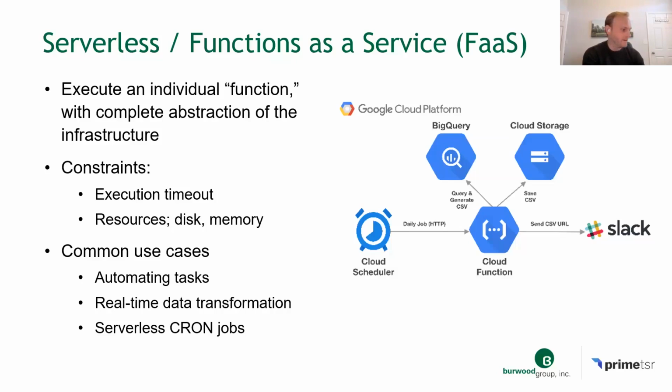Yep. And I think they'll bill you per second as well. Common use cases, like you said, are automating tasks and real-time data transformation. You get that incredible horizontal scaling. That's the real power of these: you can have 100 different ones going in parallel for 100 different requests. I've definitely written a few applications like this doing ETL, and they're great. It's exciting and fun to work on.